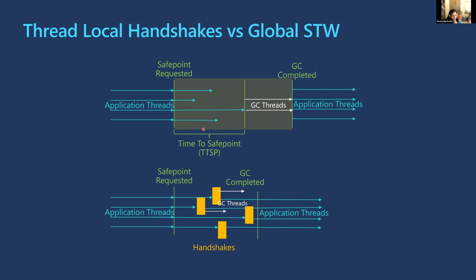The time to safepoint is basically the laziest of them all. Once all the threads are stopped, your GC threads can do their work, then the GC completes its work, and then you resume your application threads. So this is your stop the world pause. It's not only the actual work done by the GC, but also the time to safepoint.